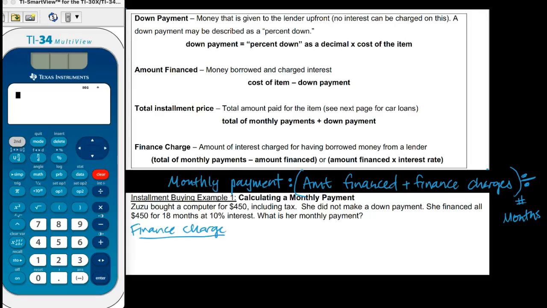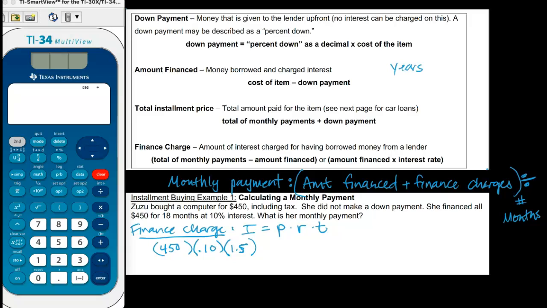What we're going to do is use the simple interest formula. I equals P times R times T, principal times rate times time. The principal in this case is $450, and then we multiply it by the rate as a decimal. 10% as a decimal is 0.10, and time is always in years. 18 months is equivalent to 1.5 years. If you're ever not sure, you can take the months and divide by 12.